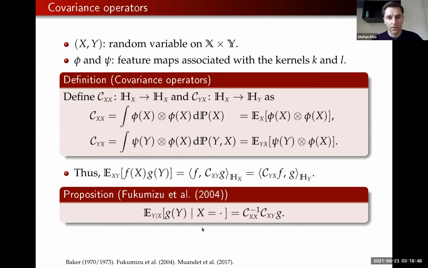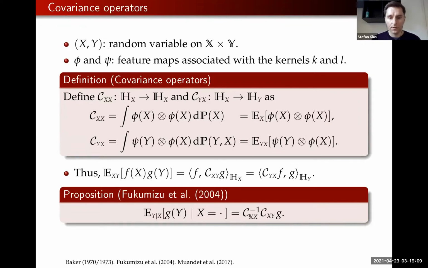And then the approximation of transfer operators relies on this proposition here. This expression here on the left almost looks like the Koopman operator, and it's basically a representation of the Koopman operator in this reproducing kernel Hilbert space. G would be the observable here, Y would be the state X mapped forward by the dynamical system.